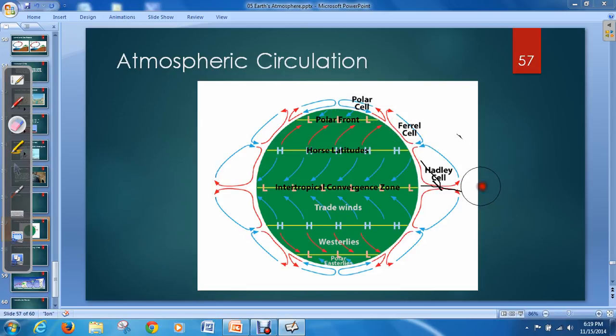But because the Earth's spinning, we get what's called the Coriolis effect. It's a little bit hard to explain, but because we have this Coriolis effect, or in other words, things are spinning slower up here and a lot faster down here, we get these break-off points, which we call the horse latitudes and the polar fronts. We get these different break-off lines where the air is moving at different speeds because it's spinning at different rates.